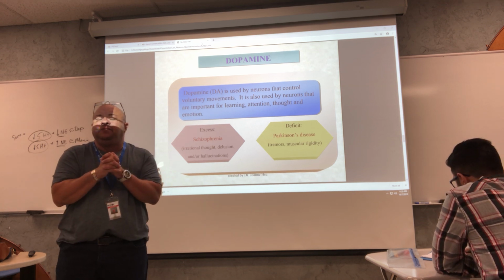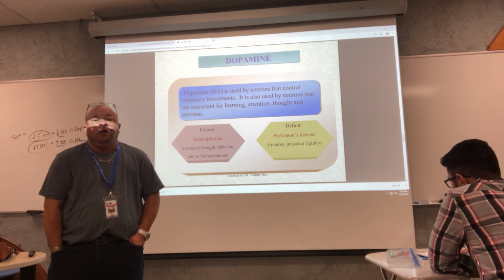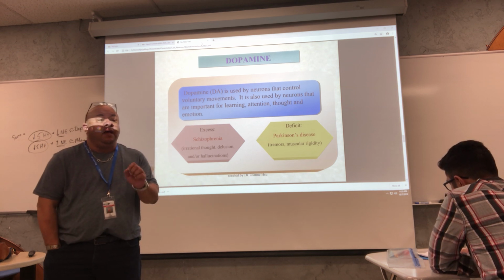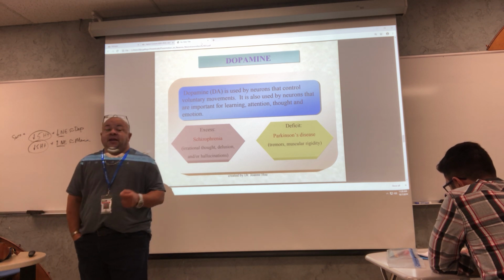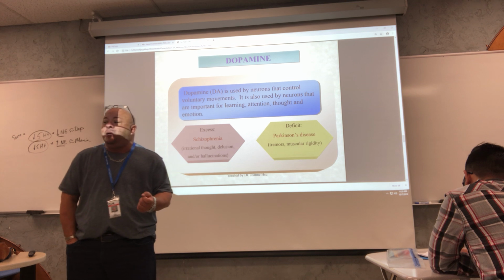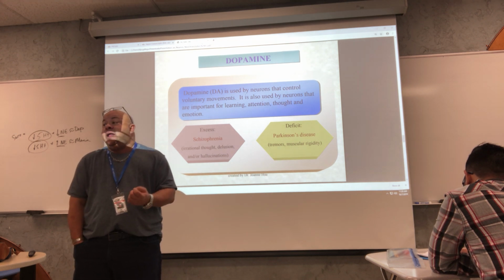How many of you have seen A Beautiful Mind, that movie? I'll recommend that movie. It's a story of a man with schizophrenia, and it's a true story of Dr. John Nash, who was a very famous mathematician, and he had schizophrenia.